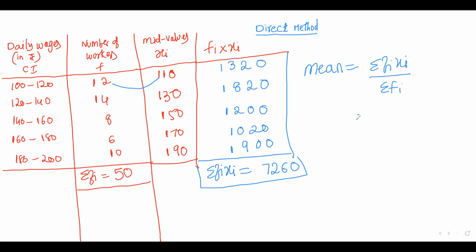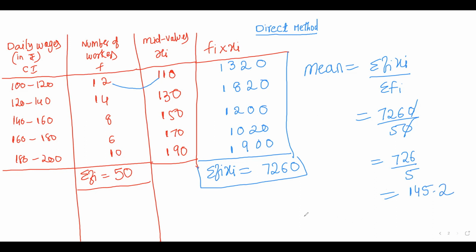This is the formula, that is 7260 by 50. 0 will cancel. 726 by 5 is nothing but, divide, 145.2. So this is direct method.